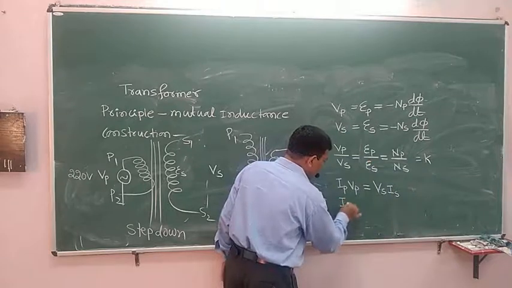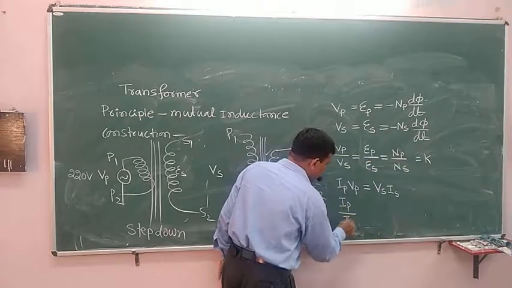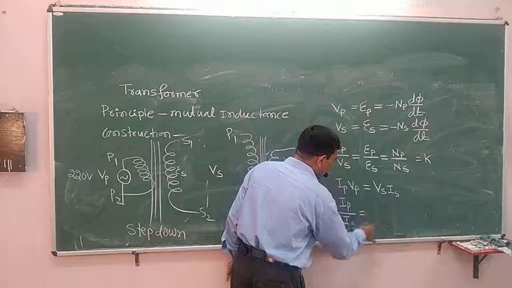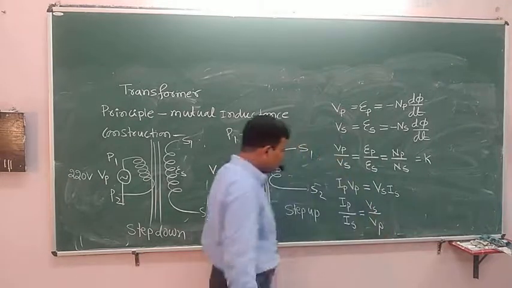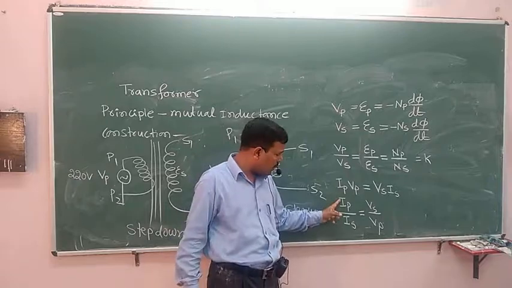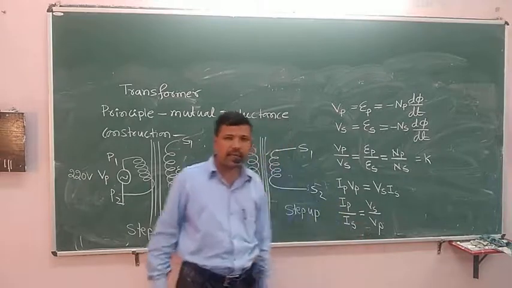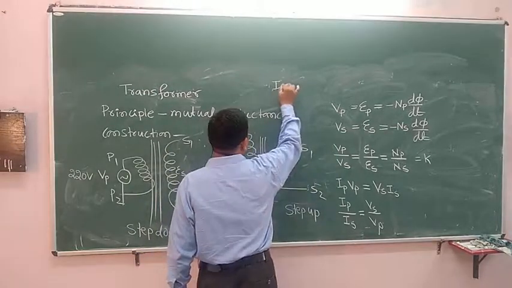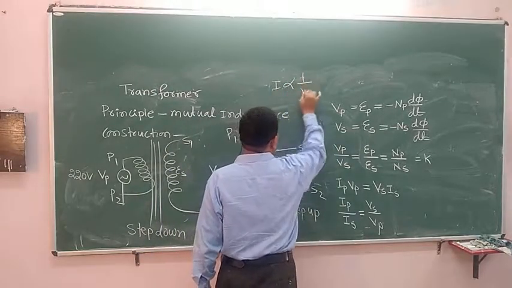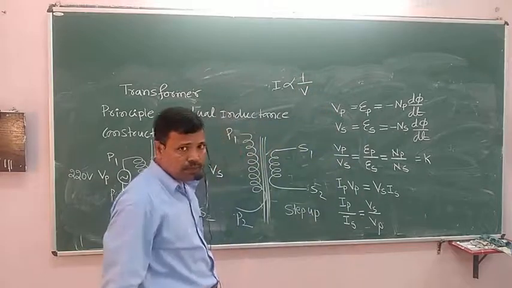So we learned that Ip by Is is equal to Vs divided by Vp. From this, in a transformer, voltage and current are inversely proportional.